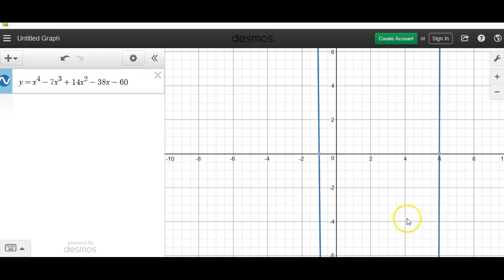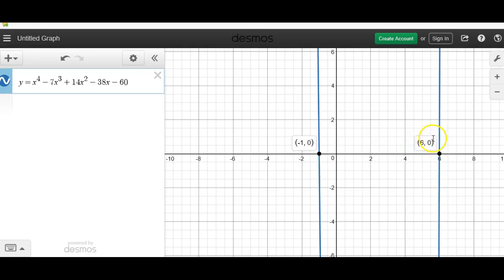So what I like about Desmos is you can hover over, and sure enough, we're finding the places where this crosses the x-axis. You can even click on it and see, boom, it's at -1, and there's my 0, and that's why there's equals 0 on the paper, and boom, +6.